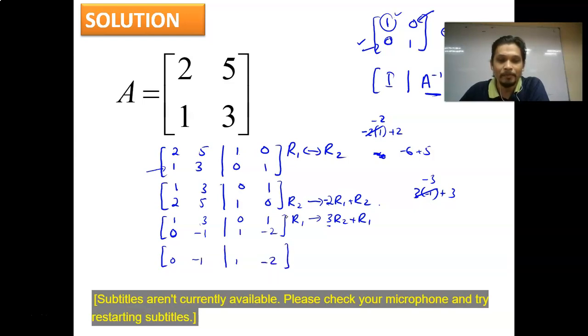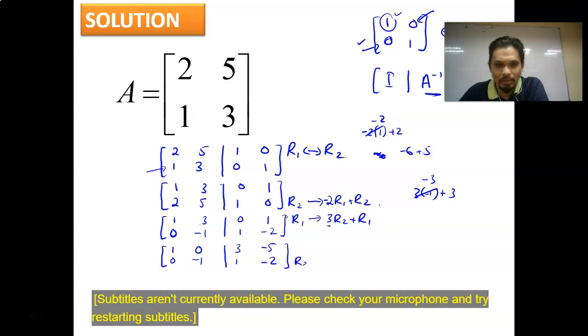Now 3 times negative 1 equals negative 3, plus 3 equals 0. 3 times 0 equals 0, plus 1 equals 1. 3 times 1 equals 3, plus 0 equals 3. And 3 times negative 2 equals negative 6, plus 1 equals negative 5.